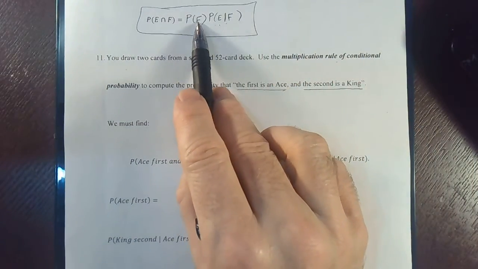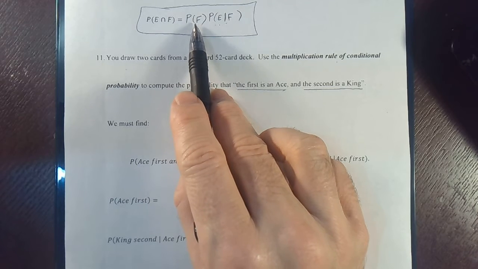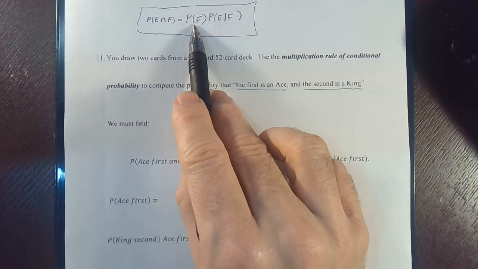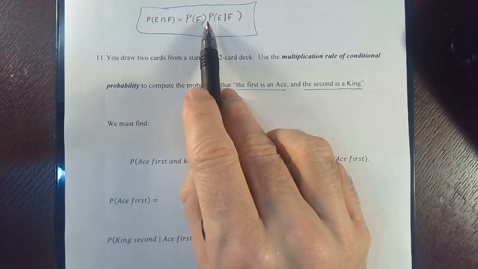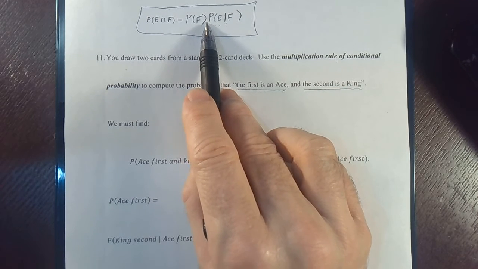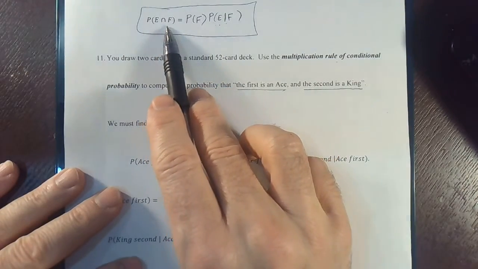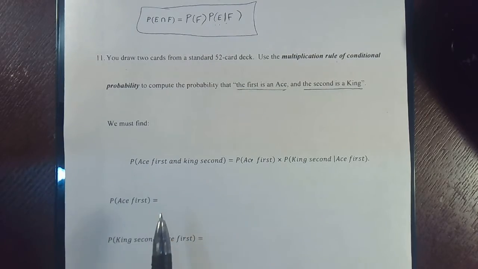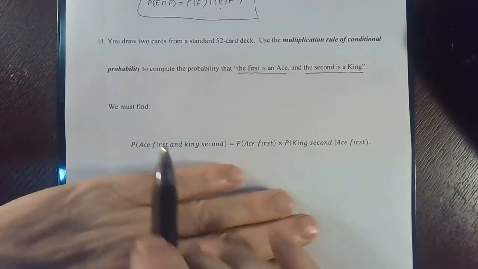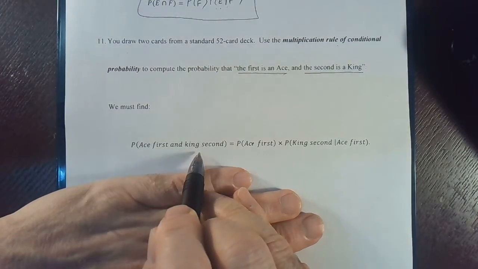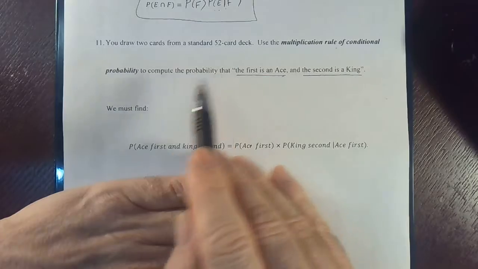We're going to think of this as the probability of one event followed by the probability of another event, and then we multiply those 2 probabilities together to get the probability that they both happened. So what we have to find is the probability that the first card is an ace and the second one is a king. That's what we're being asked.